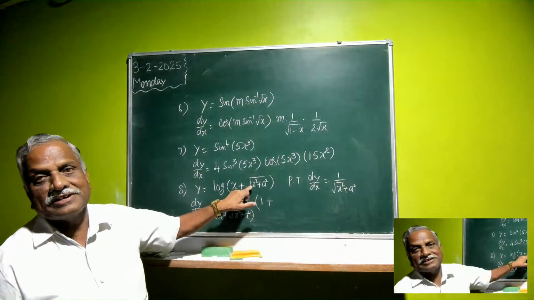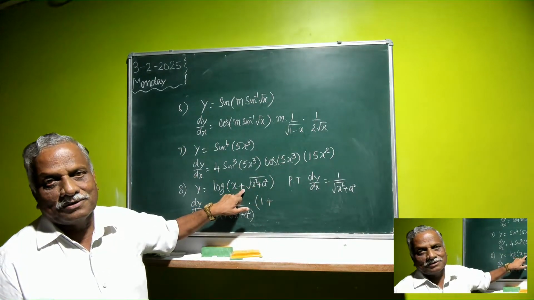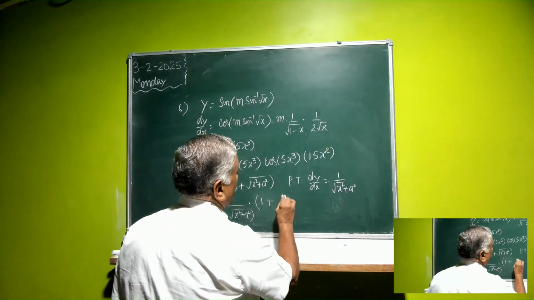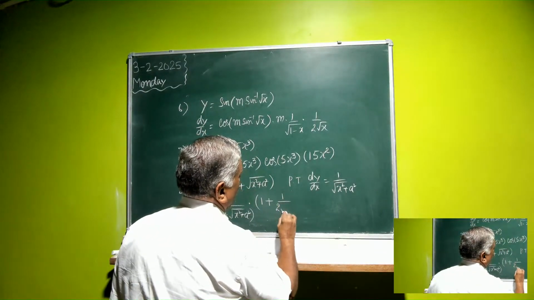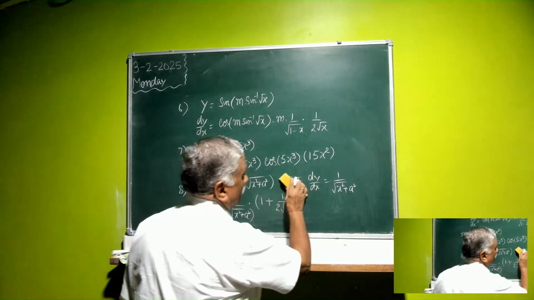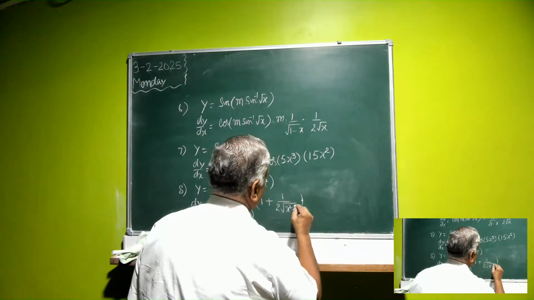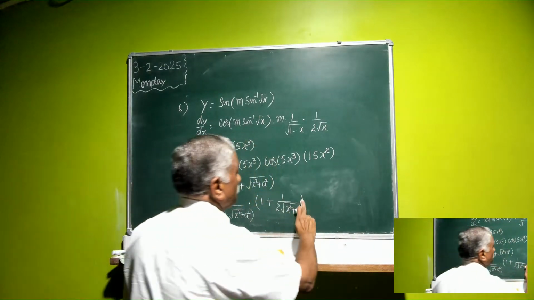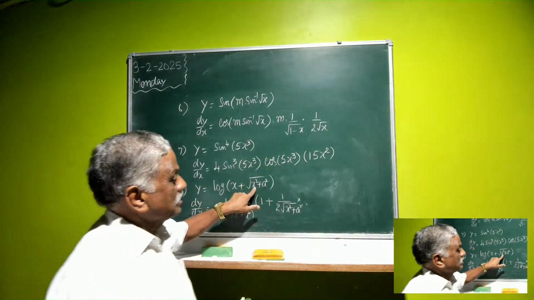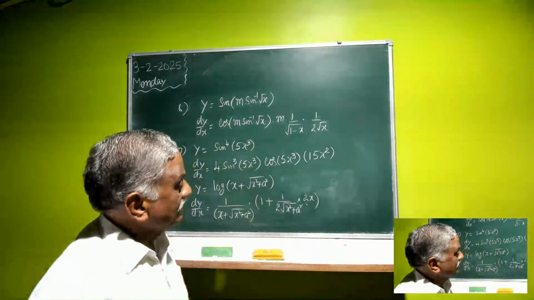Now I cannot directly differentiate x square plus a square because there is a root inside. The root sign is there, so first I should differentiate the root. It is 1 over 2 root of x square plus a square, into, now I should differentiate x square plus a square. x square gives 2x and a square is 0.